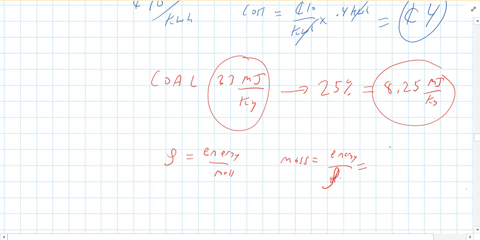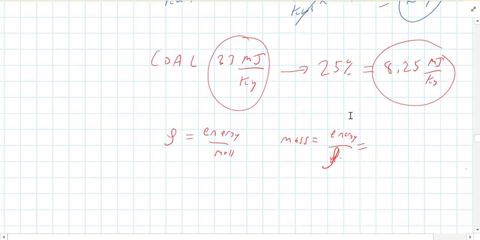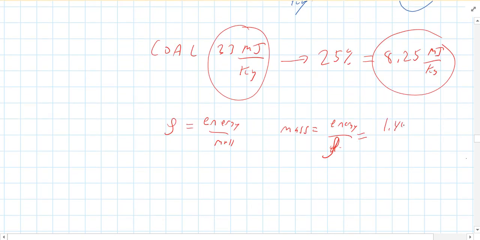The amount of energy we needed was 1.44 megajoules for our TV set for that 1 hour. And then the density is 8.25 megajoules per kilogram. If you take megajoules divided by megajoules per kilogram, you end up with kilograms. So if you work this out, you get about 0.175 kilograms, which is about 175 grams.